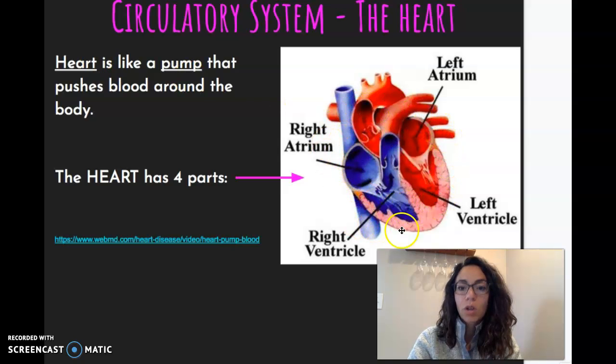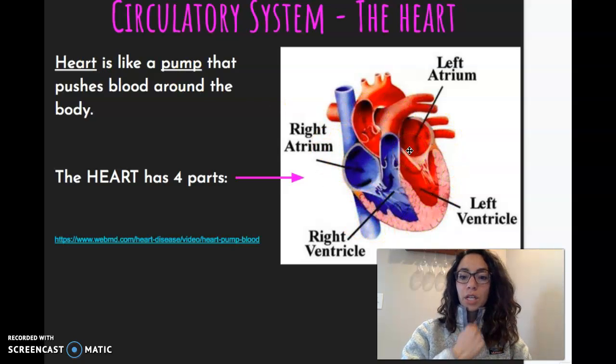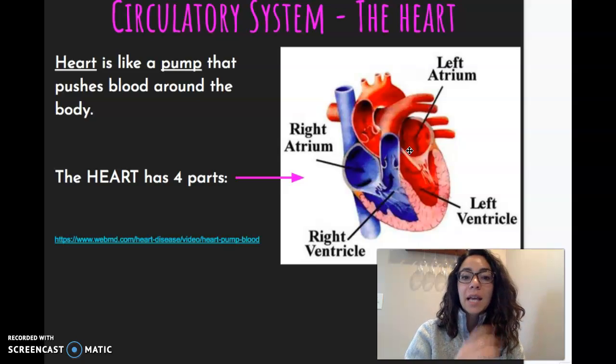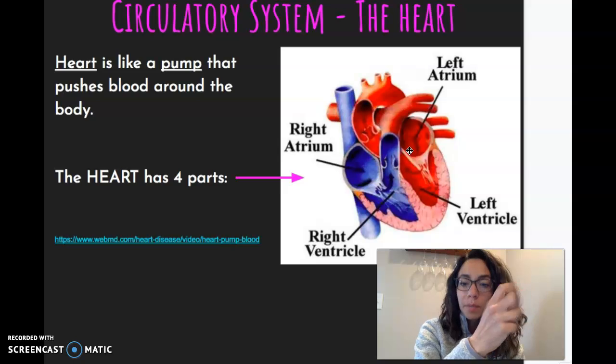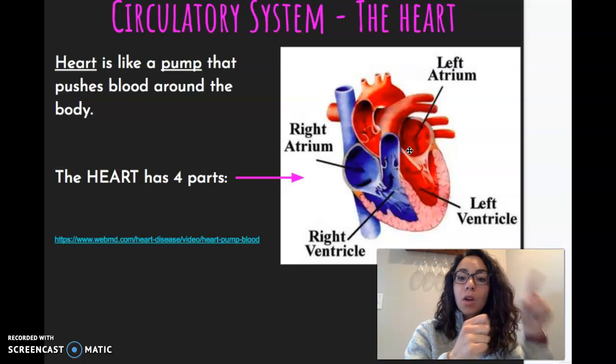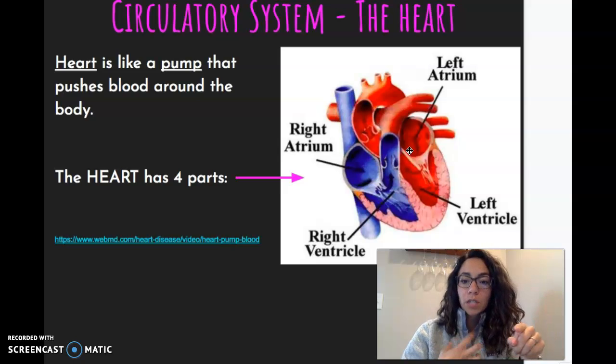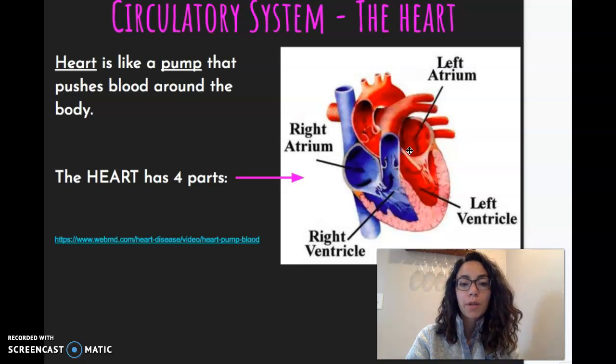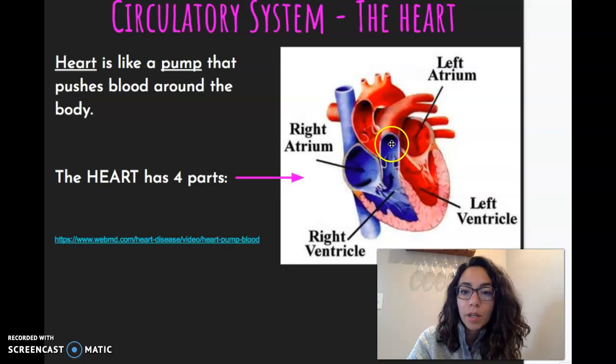The main organ of the circulatory system is the heart. The heart, corazón, right in the middle of your chest. It's about the size of your fist, and it acts like a pump, right? A pump is something that pushes blood all around the body. Okay, so it's a pump in our chest, and it helps to push the blood all around the body. It has 4 parts. You can see 1, 2 at the top.